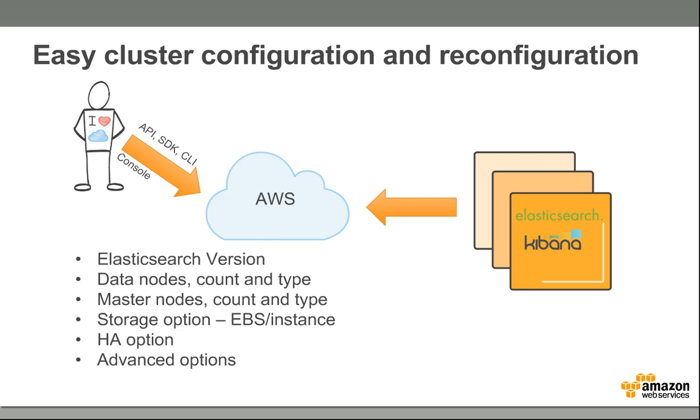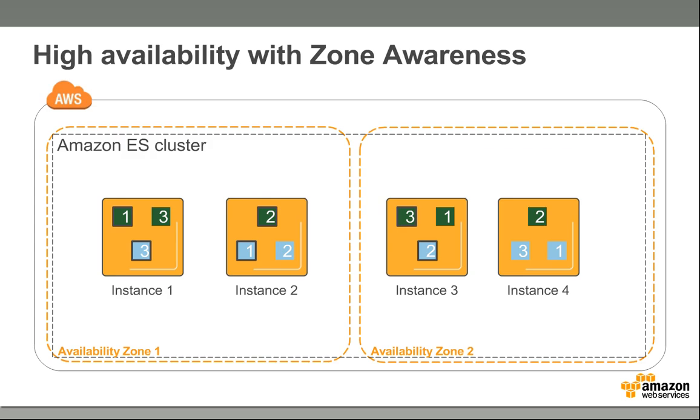I want to run on 4 R3 extra larges with EBS storage of 512 gig. Single call, we behind the scenes seamlessly bring in new nodes and swap that cluster over behind the endpoint, and it's up and running for you. So it makes it really easy to not only deploy but also to maintain your cluster and to grow it when you need to.